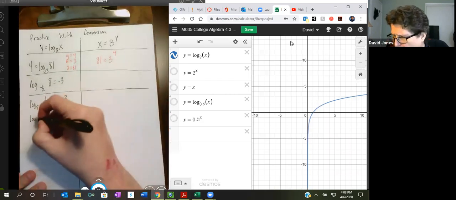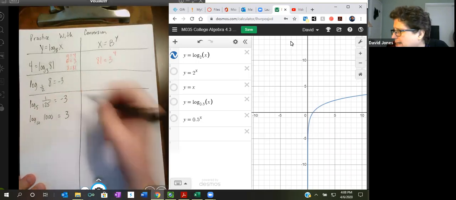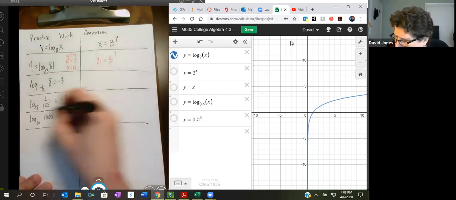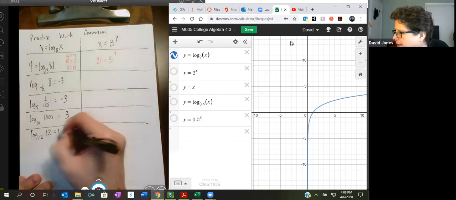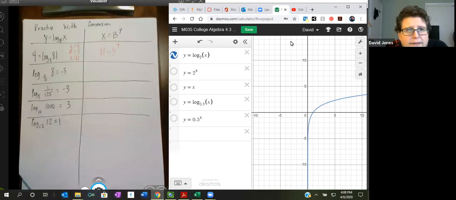We'll look at log base 10 of 1,000 equals 3. Log base 12 of 12 equals 1. Okay, pause the video and practice converting. Okay, I'll assume you did.